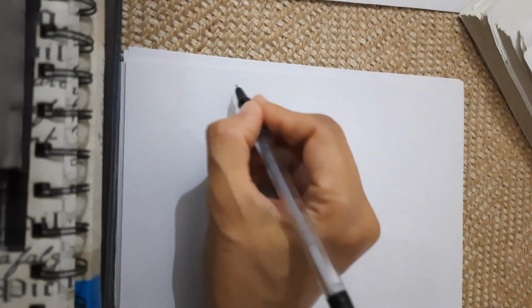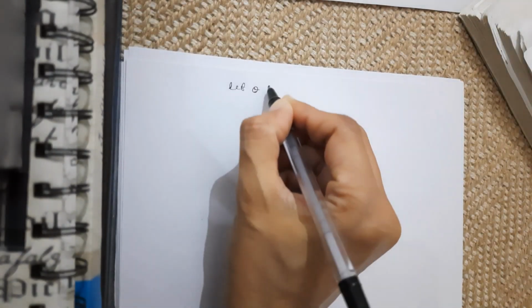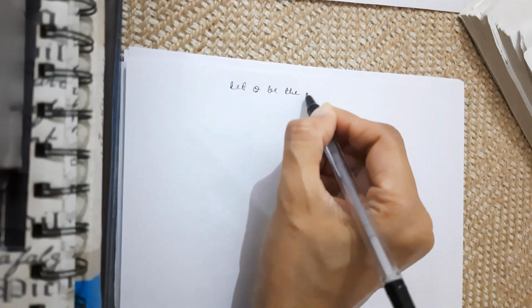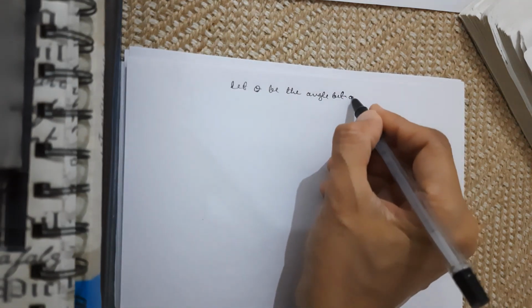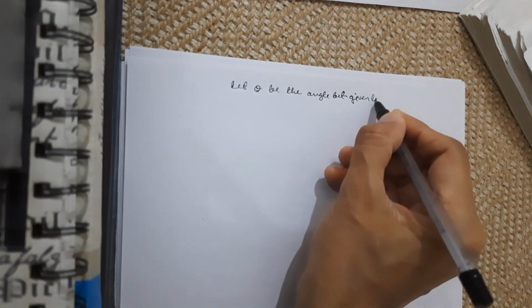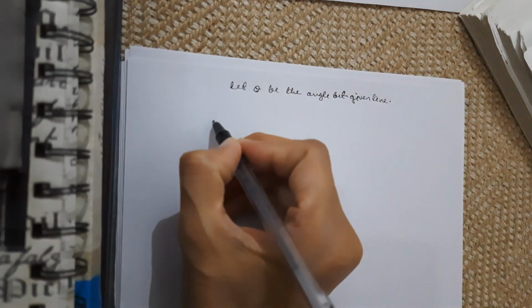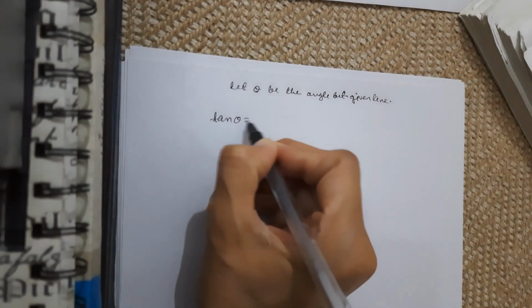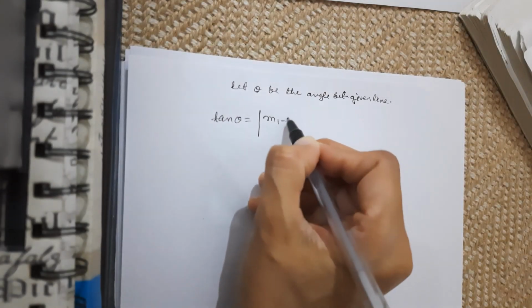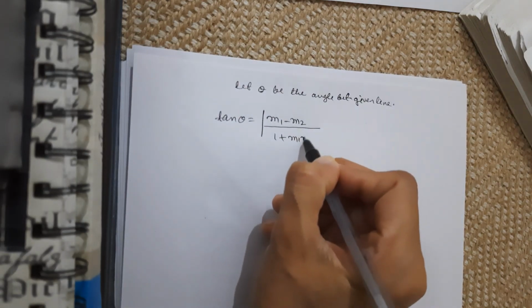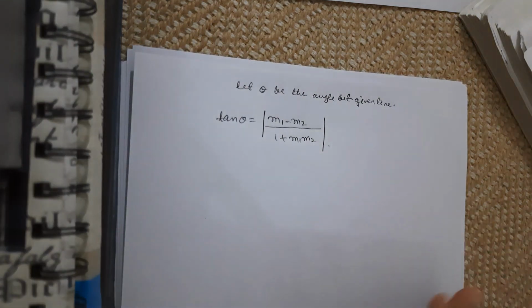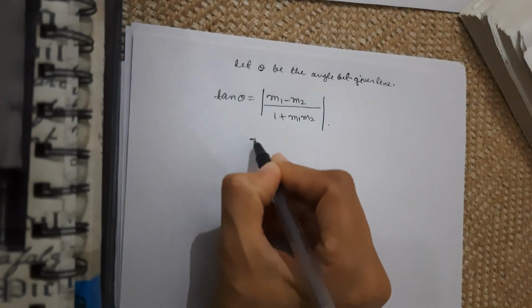Now I have m1 and m2. I just need to write the formula and put the values here. So let theta be the angle between the given lines, then tan theta will equal mod of m1 minus m2 upon 1 plus m1 into m2. Now just substitute the values here.